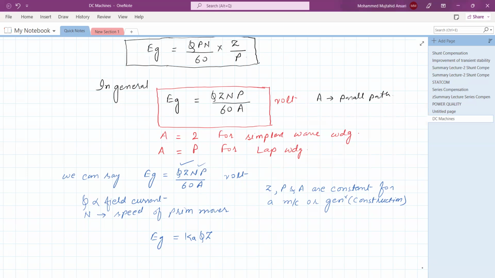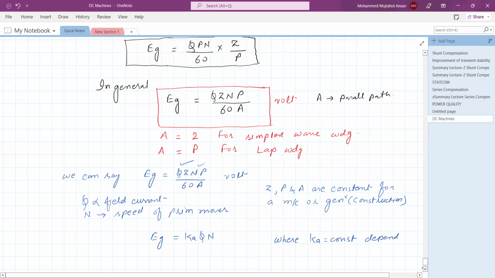where Ka is a constant depending upon Z, P, and A. So if we vary the excitation, definitely the flux is going to increase, and when flux increases, EMF also increases.